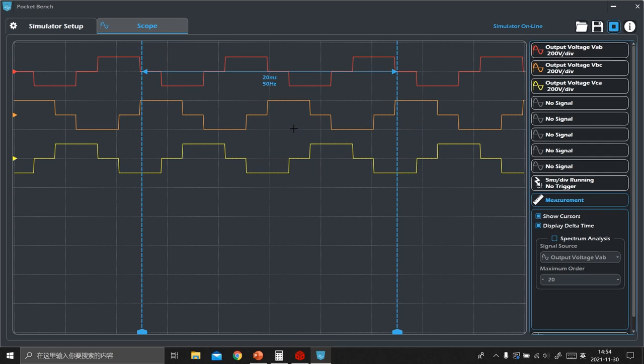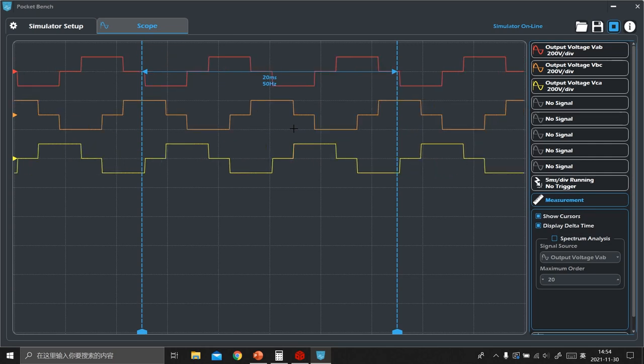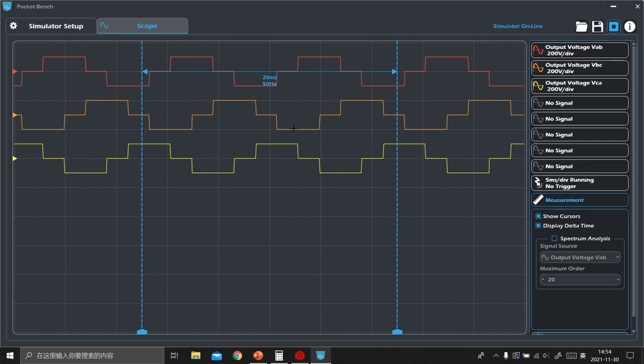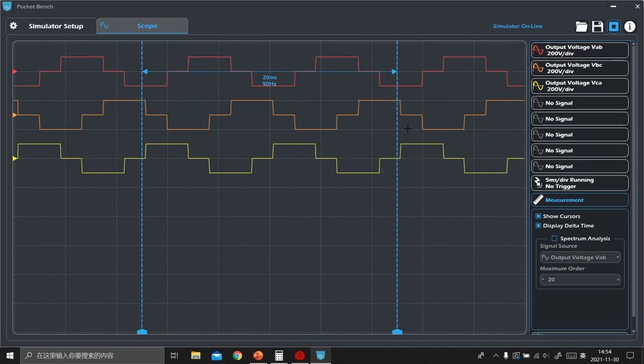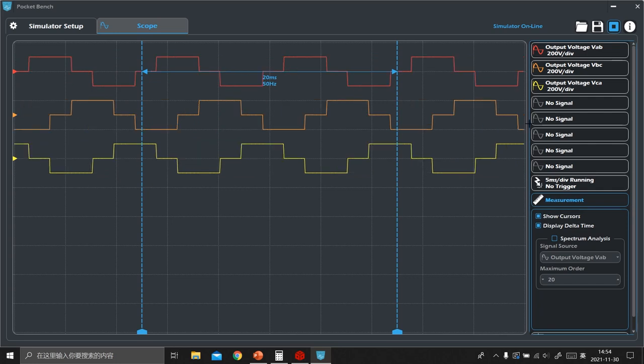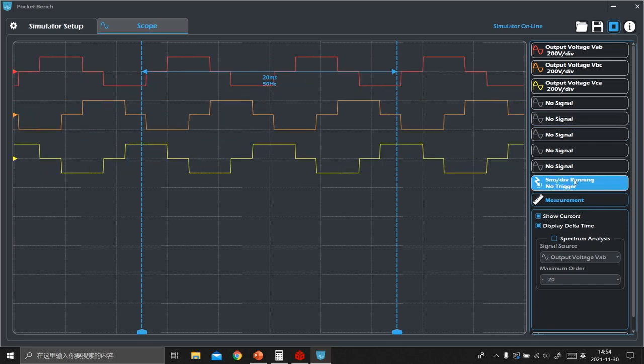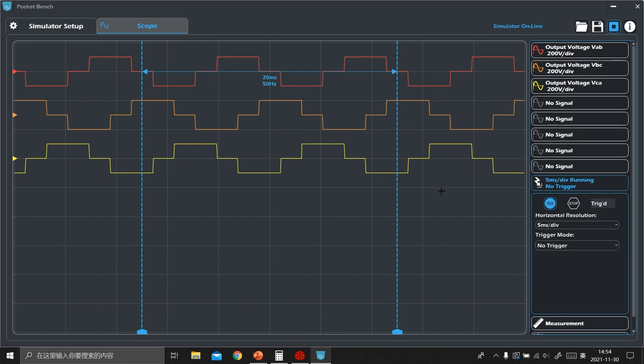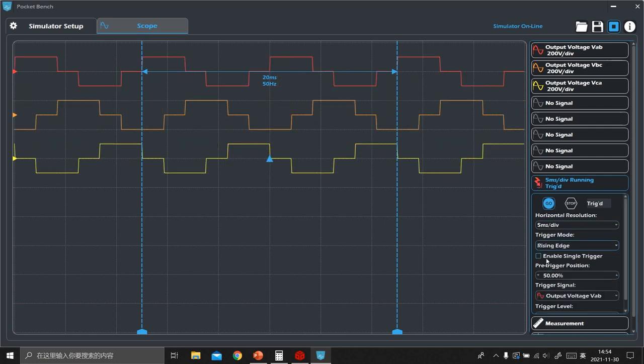First, we need to check if the DSP can generate the 3-phase pulses interleaved by 120 degrees. So let's measure the period of the output voltage. In order to make the waveform stable, we can use a trigger.